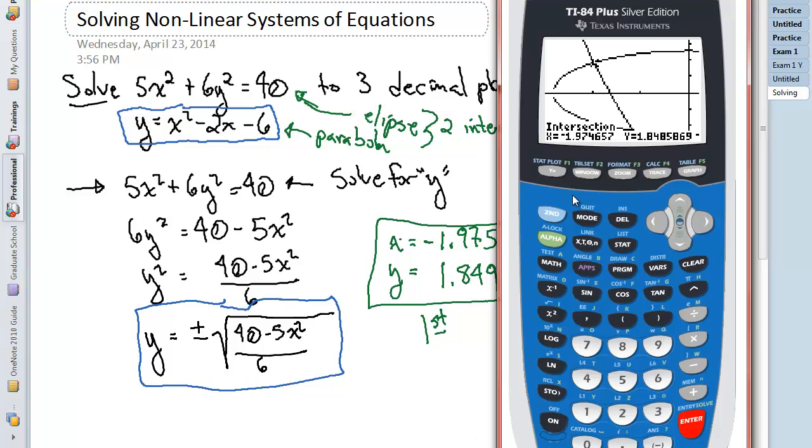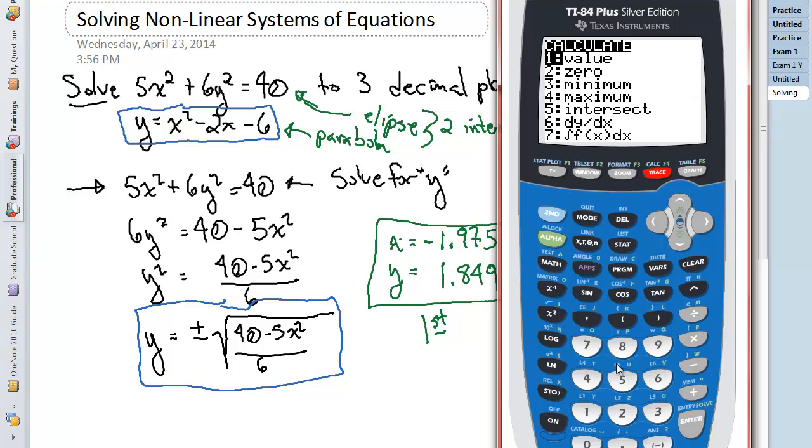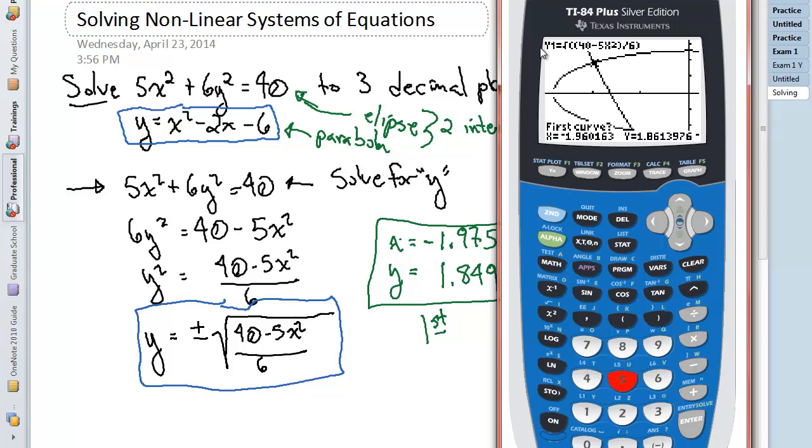Now for the second one, I'm going to do the same thing. Second calc, intersection is number 5. I don't need the first curve, I actually need the second curve, this lower curve where I'm going to intersect.